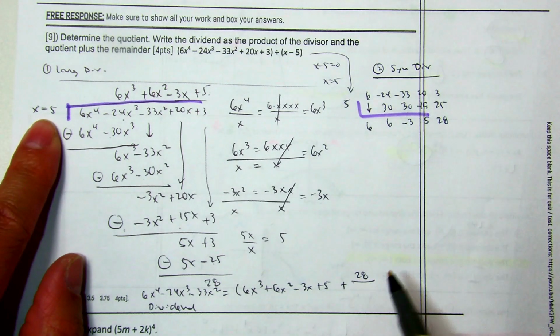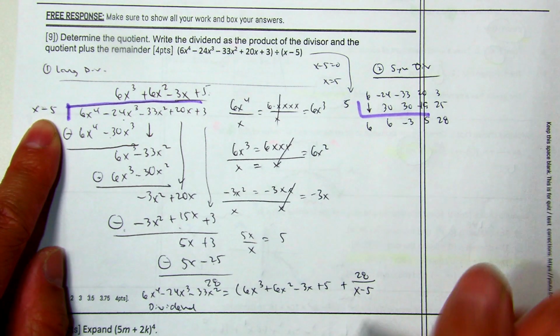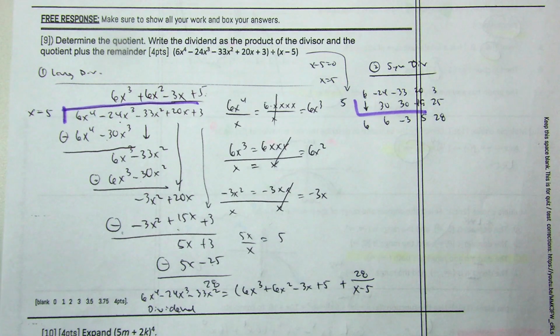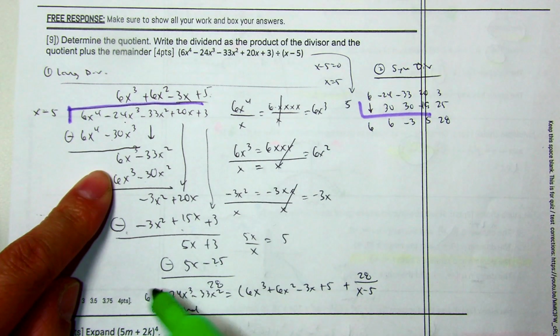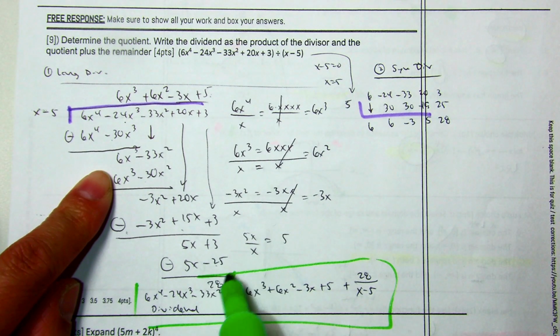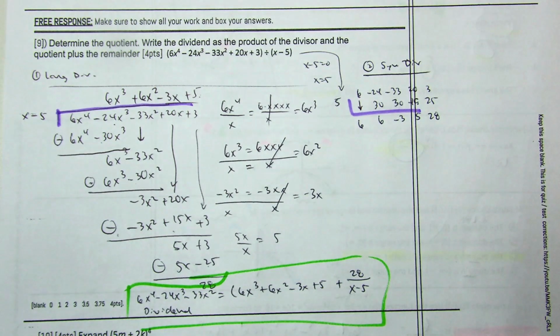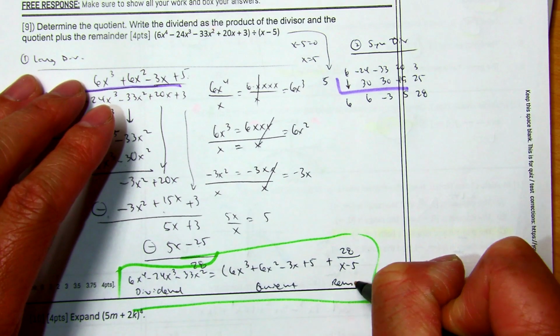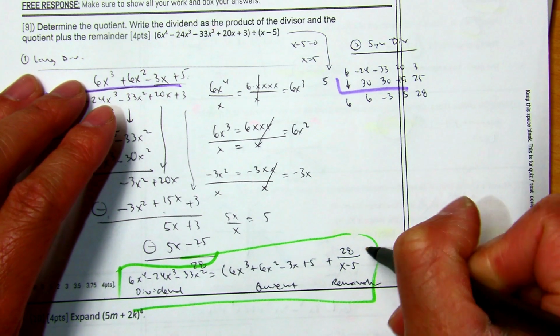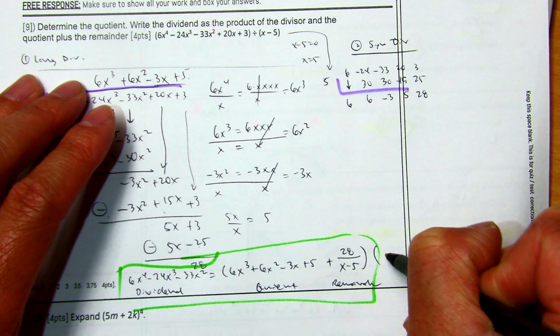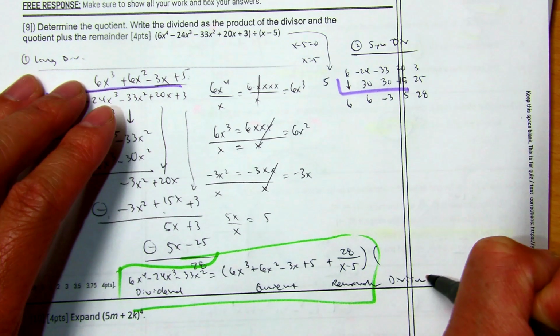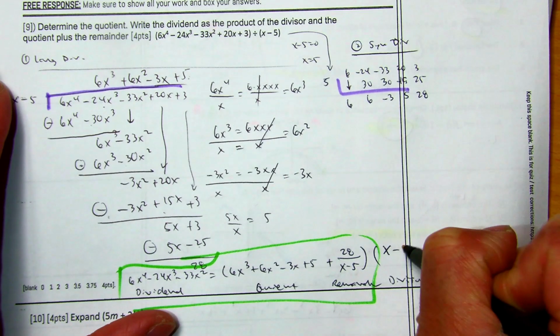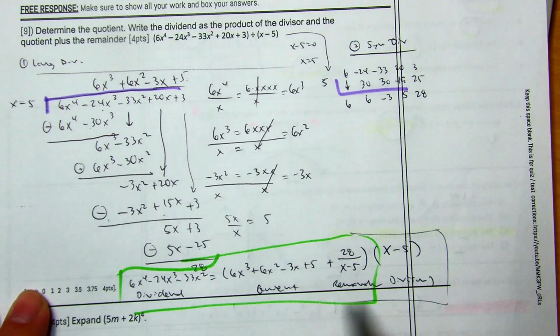And over the divisor. This would be my answer. Oops. Quotient, remainder. Oops, I forgot the divisor. Put it over here. X minus 5. So that's included in our answer.